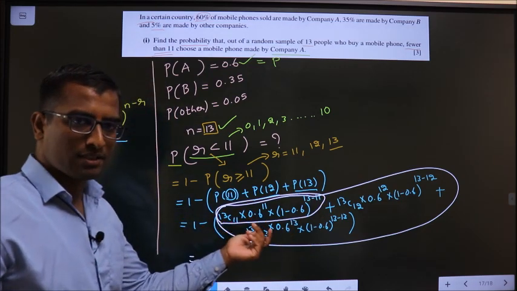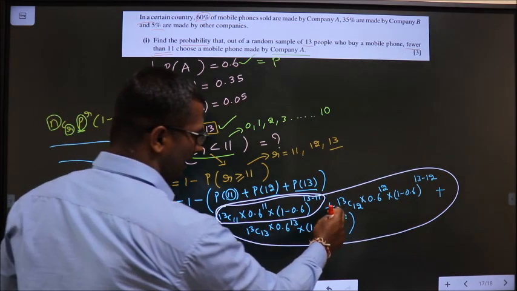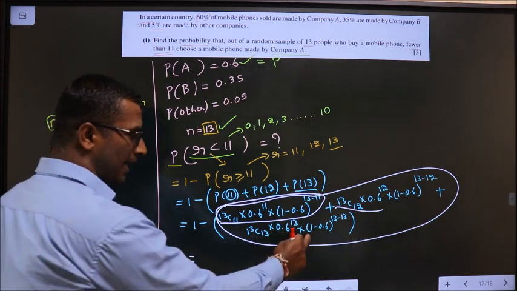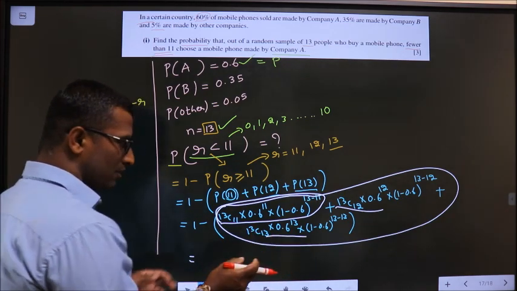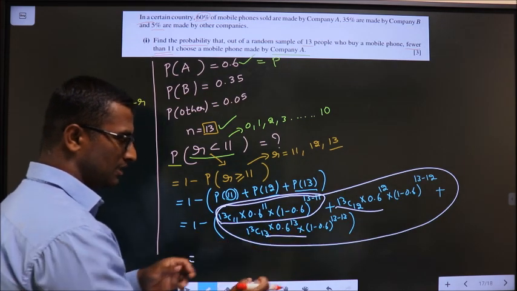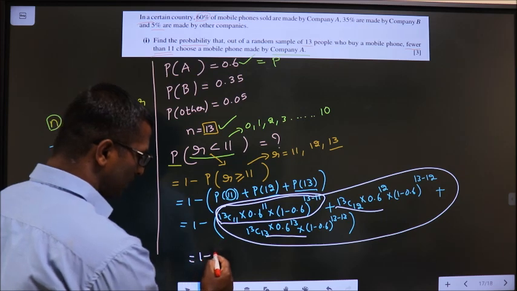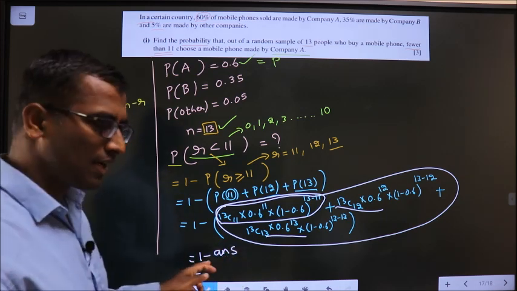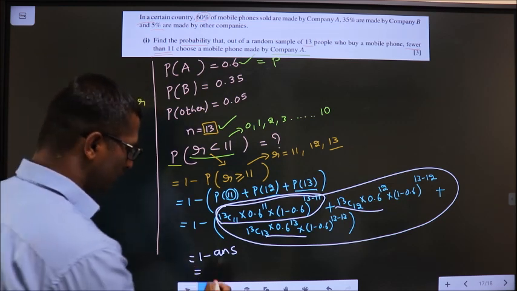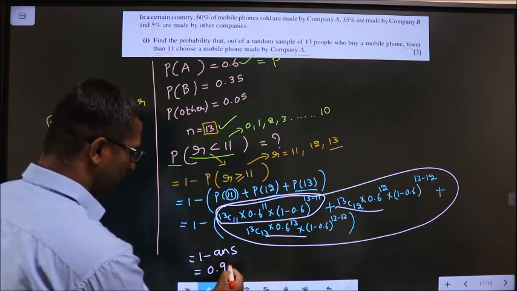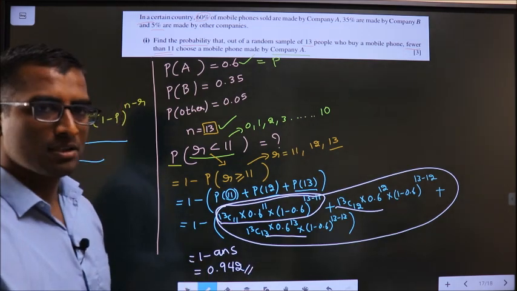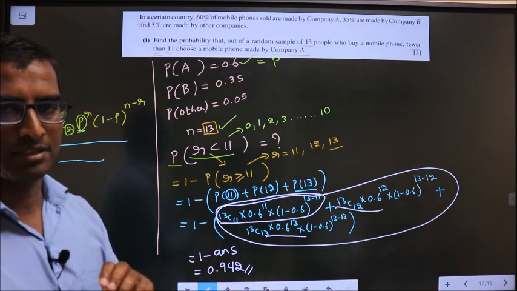To this answer you add this one, and again to whatever answer you got, add this one. So when you have added all these three, that answer you should subtract from 1. So 1 minus that answer you should get to be 0.942. Is it clear? So this is our final answer.